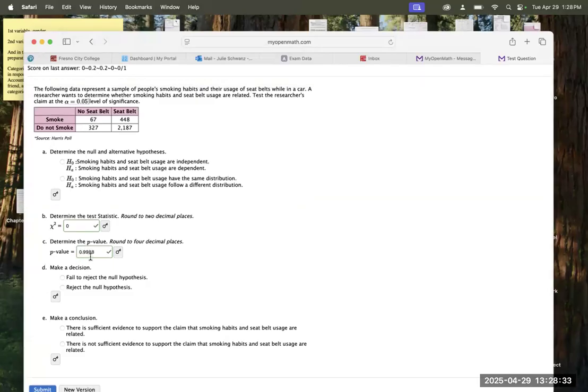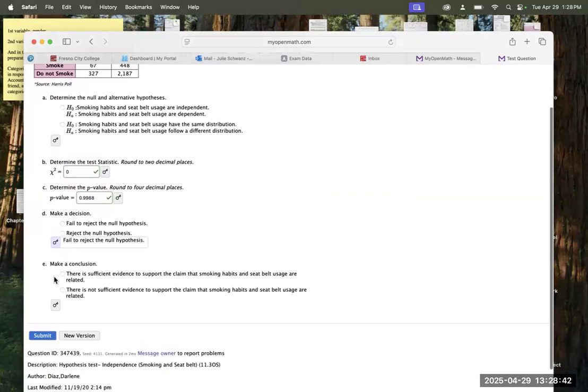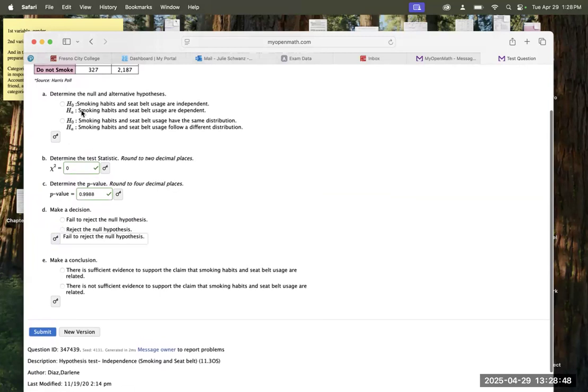So 99 cents is greater than 5 cents. The p-value is greater than alpha, which means we fail to reject the null hypothesis. Because we failed to reject the null hypothesis, there is sufficient evidence for the alternative, I'm sorry, we failed to reject the null hypothesis. There is not sufficient evidence for the alternative hypothesis.